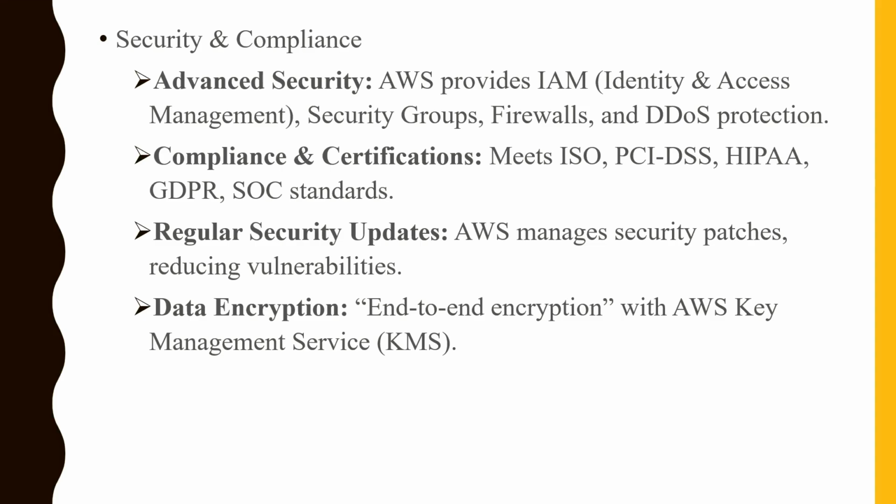There are three types of encryption: client-side encryption, in-flight encryption, and encryption at rest. All these kinds of encryption are supported by AWS, and KMS, the Key Management Service, is the service that helps us in encrypting the data. AWS S3 also by default follows encryption whenever you want to upload data.